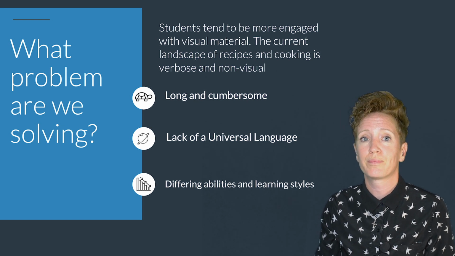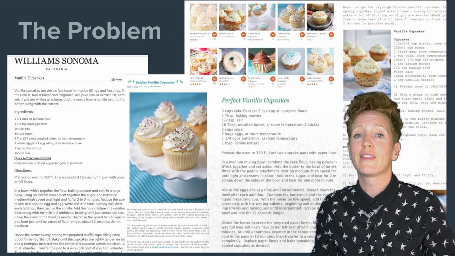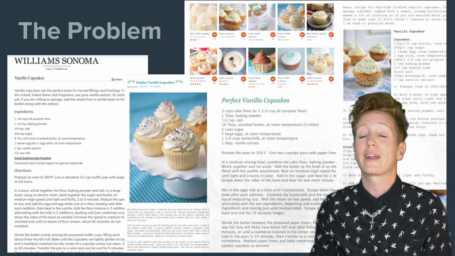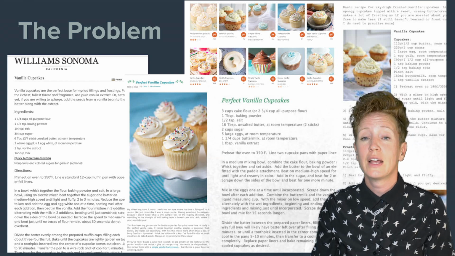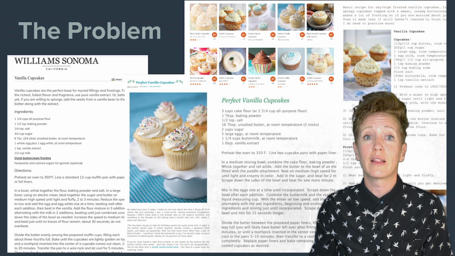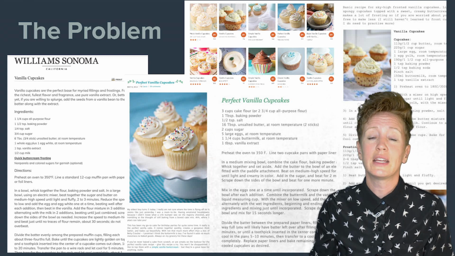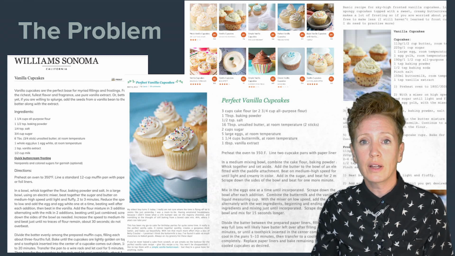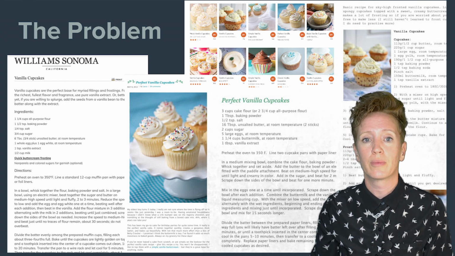Here's an excellent example of a recipe that overwhelms me before I can even think about a cupcake, let alone how to bake it. This is a Williams Sonoma vanilla cupcake recipe. It is text heavy, and even the images are cluttered and don't help us construct meaning on what we're supposed to do.